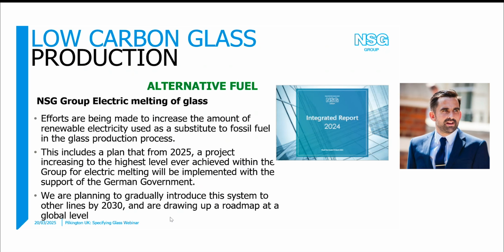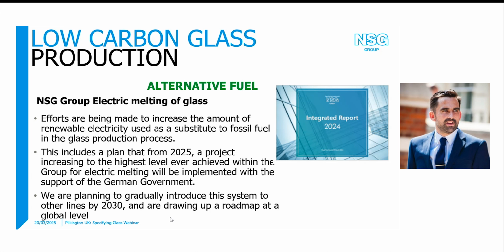Big efforts are being made to use more renewable electricity instead of fossil fuels in the glass production process. Starting in 2025, there are 3 major projects going on to increase electrical melting to the highest level ever within the NSG group globally.